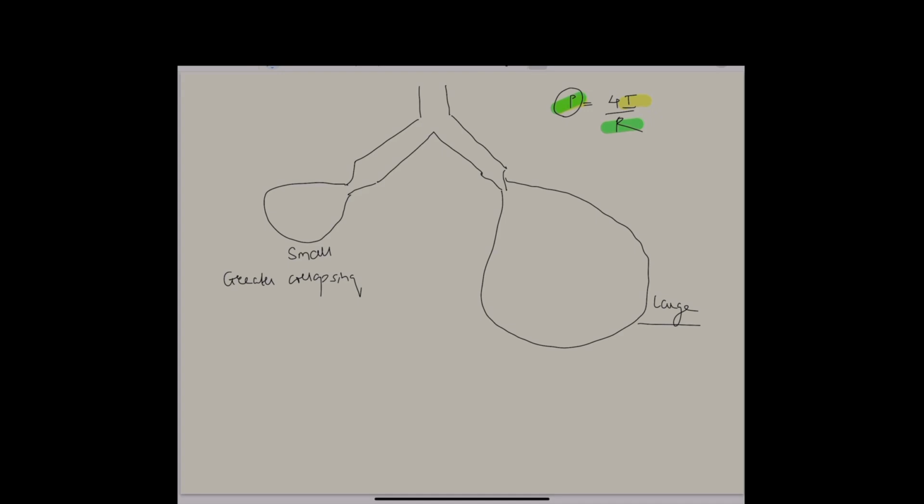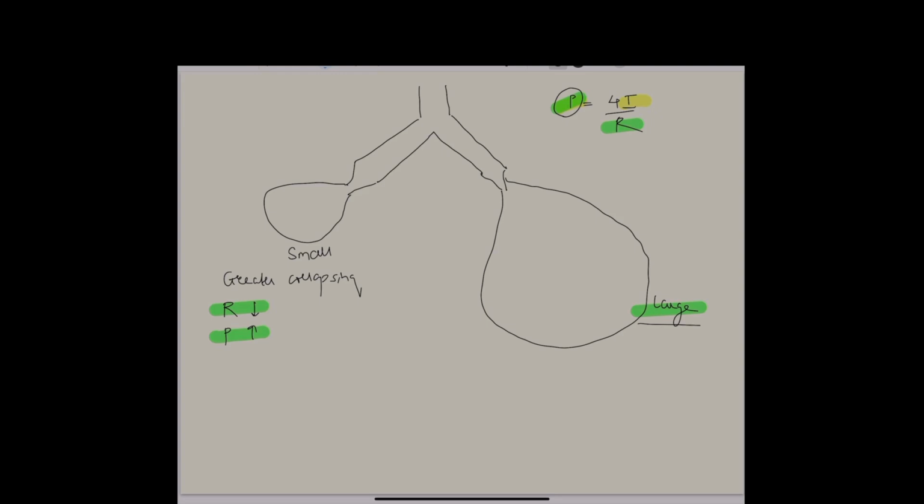Much more, the radius of the small alveolus is less. Because the radius is less, the pressure is more. I repeat, the radius is less. That is why, according to Laplace's law, the pressure is more than in the large alveolus.